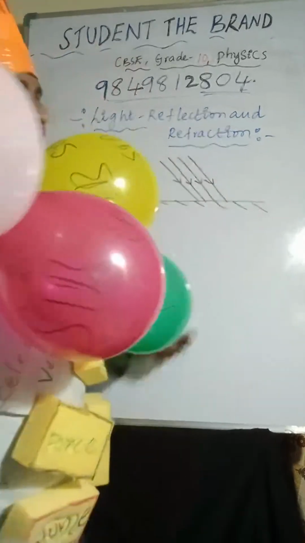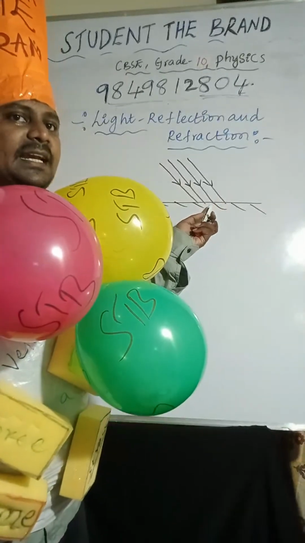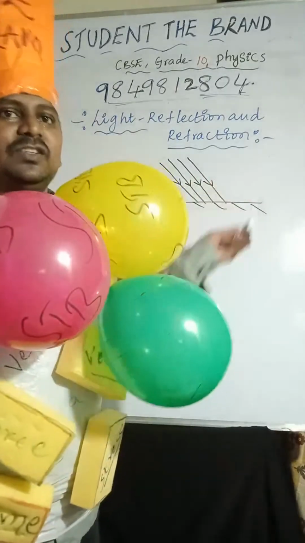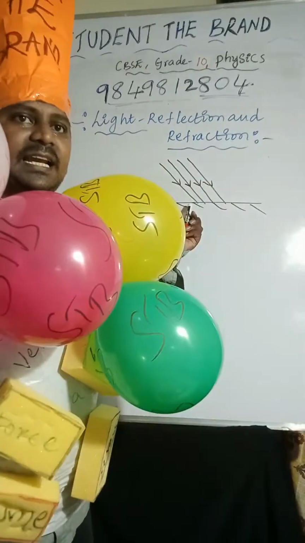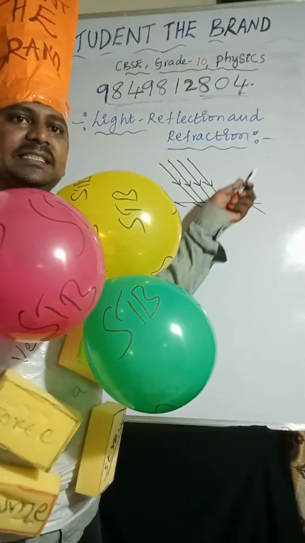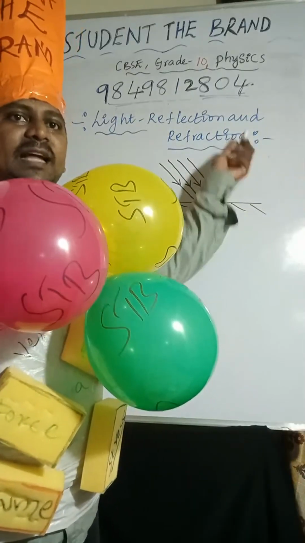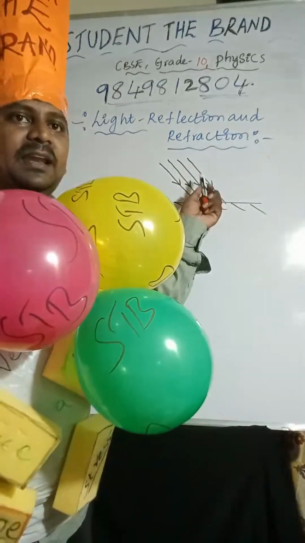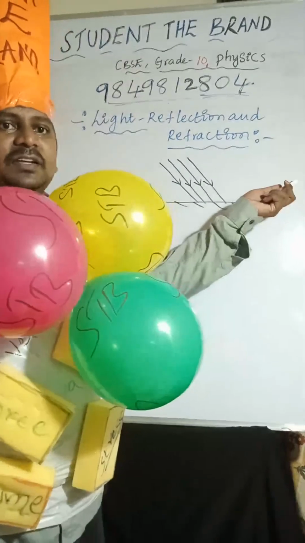These incident light rays are parallel. After reflection, the reflected light rays are also parallel to each other. That type of reflection is called regular reflection.